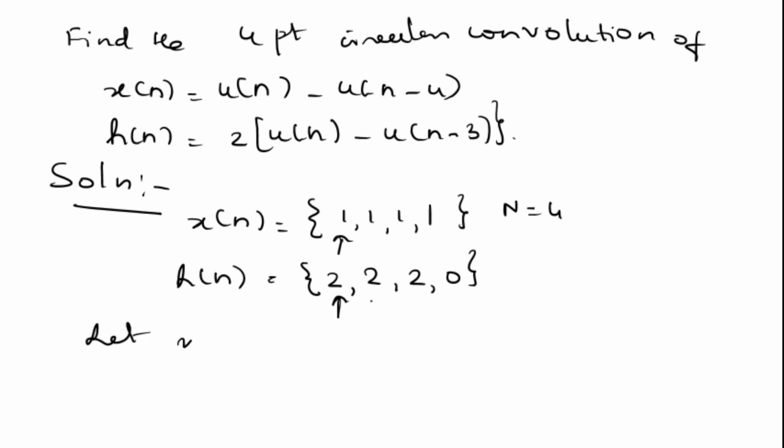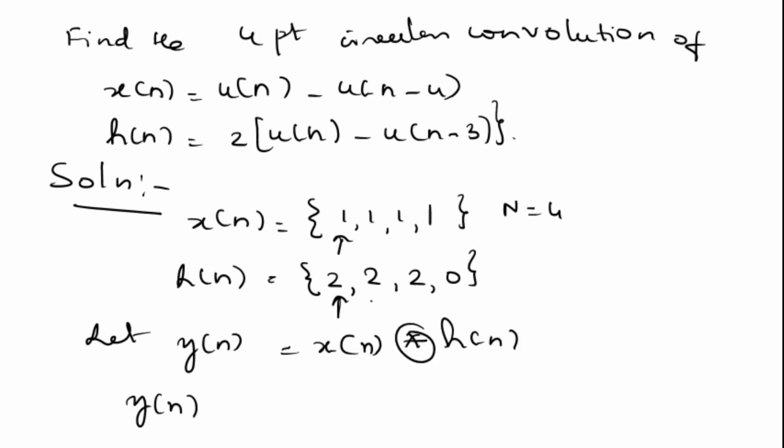Let the formula be y of n is equal to x of n circular convolution with h of n. Y of n is equal to summation m is equal to 0 to 3 x of m into h of n minus m of 4.